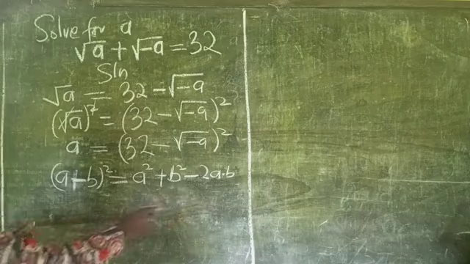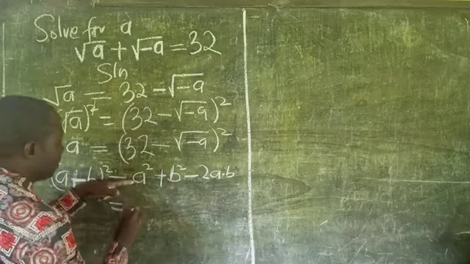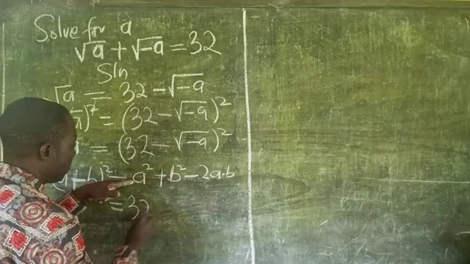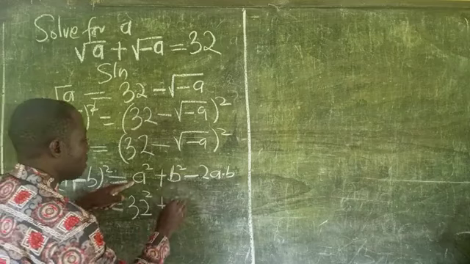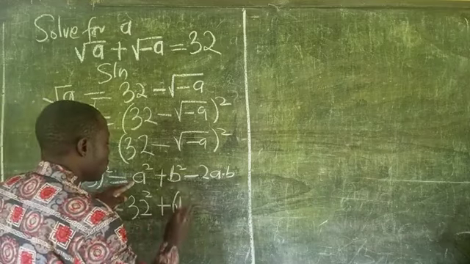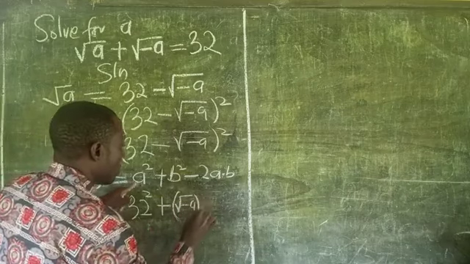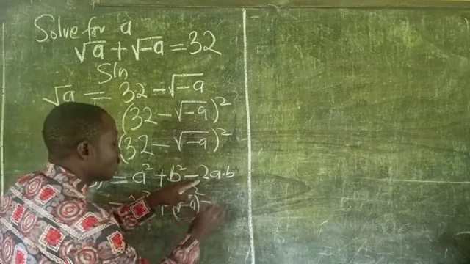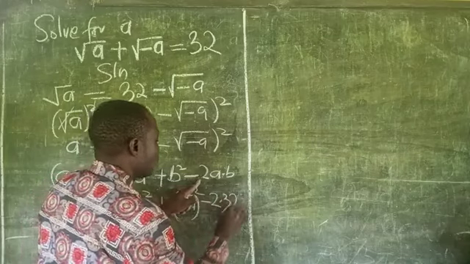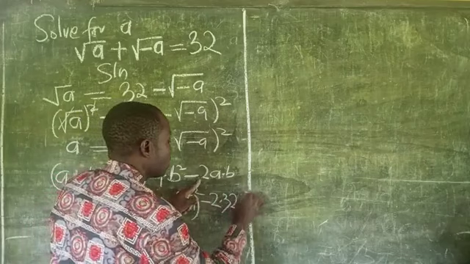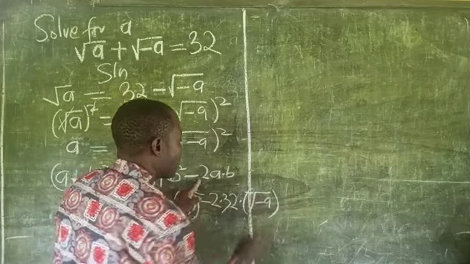So we fix our values here, and it becomes 32 squared plus the square root of minus a, squared, minus 2 times 32 times square root of minus a.